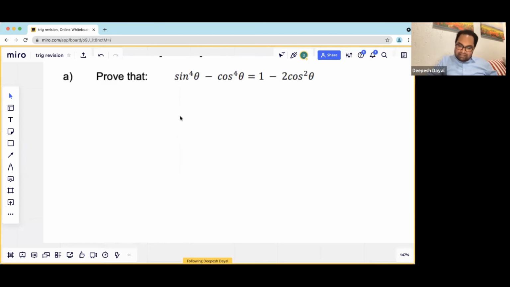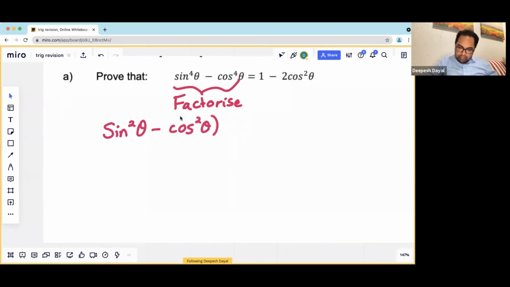Okay, so let's try it out. What I'm going to do, I'm going to factorize this first, right? So if I factorize it, it's going to be sine squared theta minus cos squared theta, and then we've got sine squared theta plus cos squared theta.